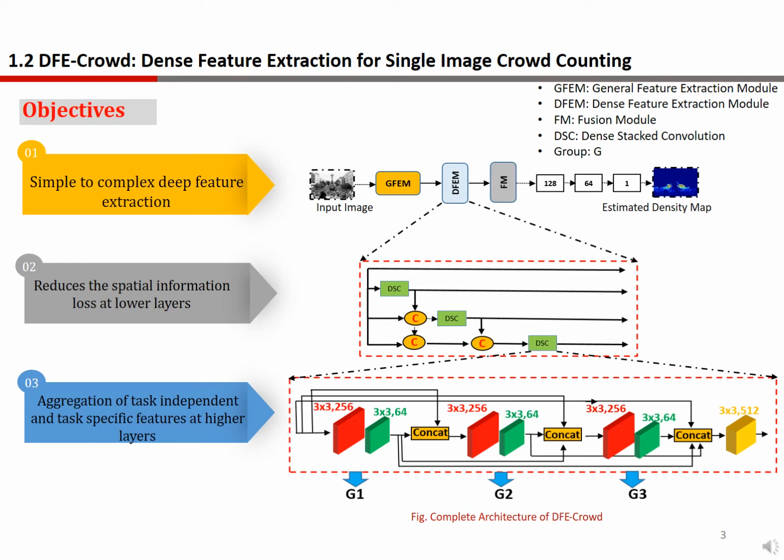So here is our proposed network, which is composed of 3 modules named general feature extraction module, dense feature extraction module, and fusion module.